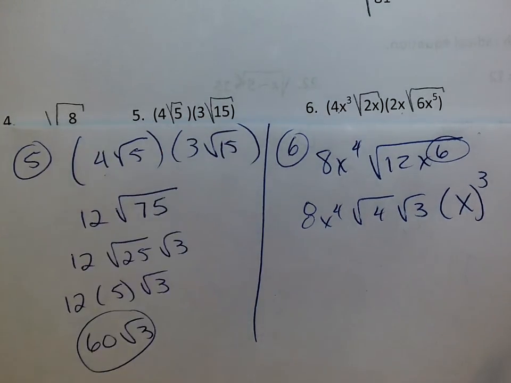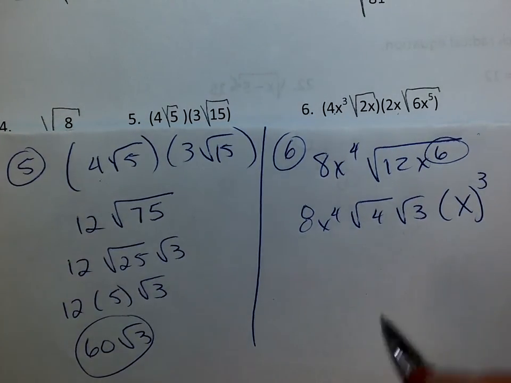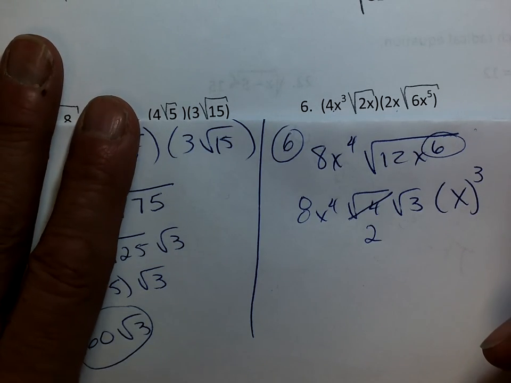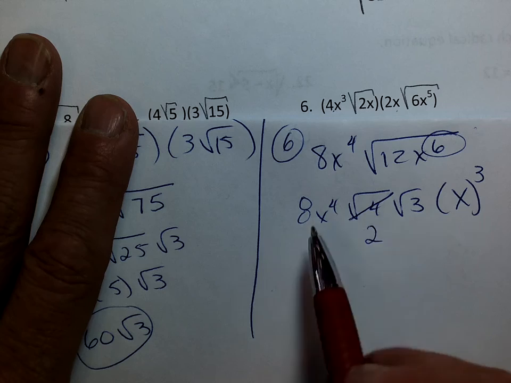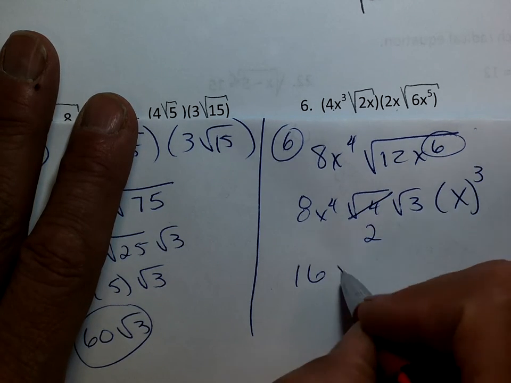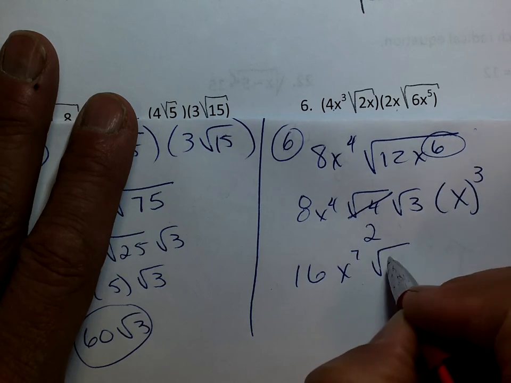Okay, take half of my exponent, okay? All right, now let's take the square root of 4, which is a 2, right? And we're going to tidy it all up. 8 times 2 is 16. X to the third, x to the fourth is x to the seventh, square root of 3.